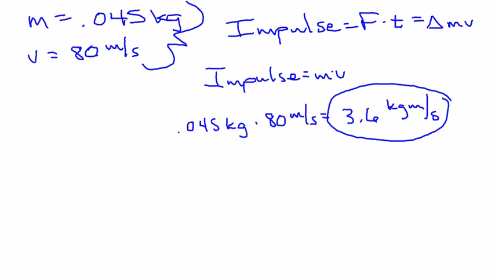For number 3 here, we'll move on to number 3. We've got car companies that often test the safety of their vehicles by subjecting them to car crash tests as a way to test their passenger compartments. We've got a 1,200 kilogram car, so our mass equals 1,200 kilograms, and it drives toward a cement wall with a speed or velocity of 17 meters per second.